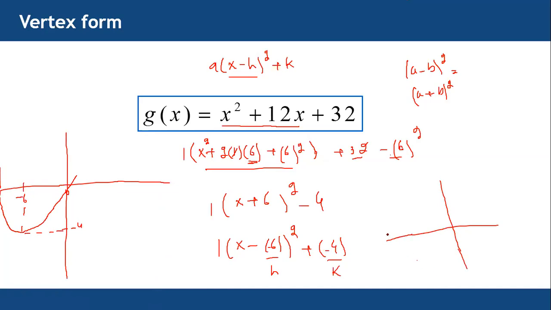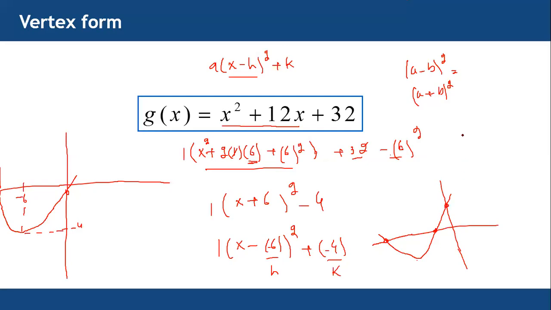If we draw the graph, it will open like this, correct? Sorry, these are called x and y intercepts. These two are x-intercepts, and when this graph moves upward, this point is called the y-intercept.